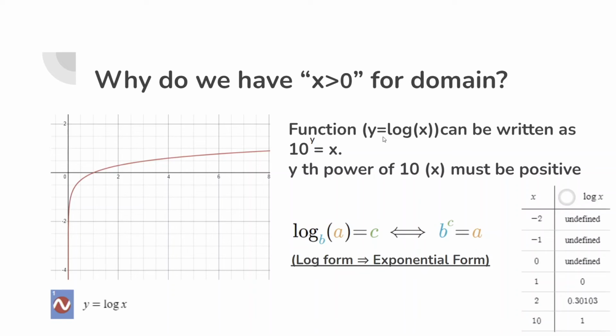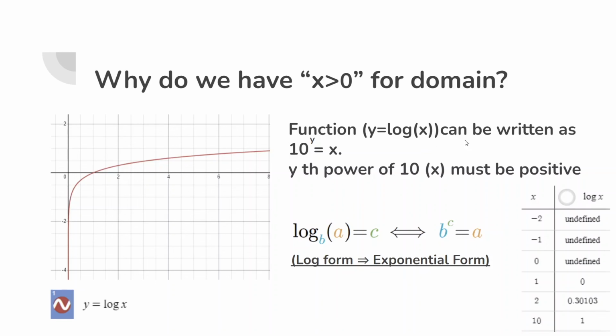If we use the same trick for our logarithmic function, then base 10 goes here, y goes to the exponent, and x becomes the result. So 10 to the power of y is equal to x, and a power of 10 must be positive.